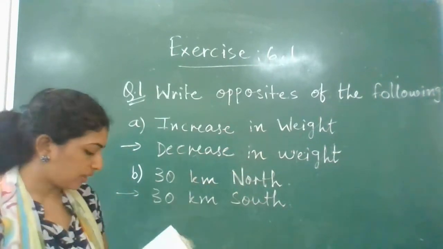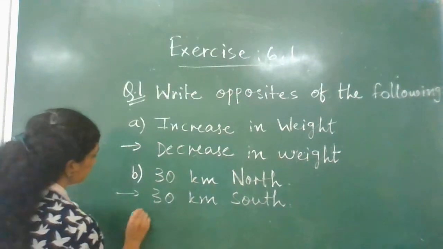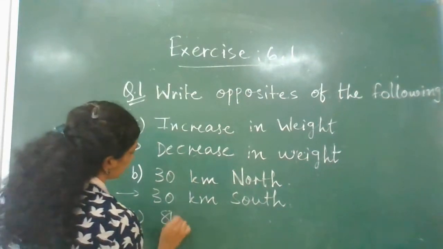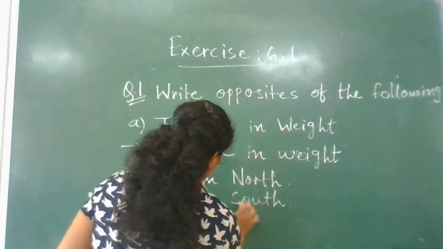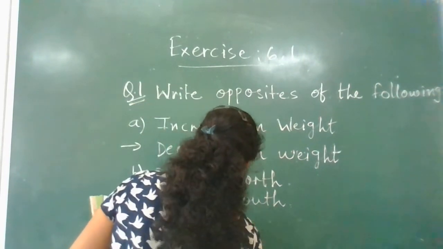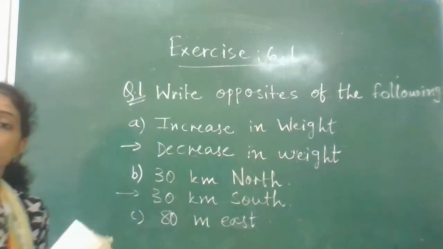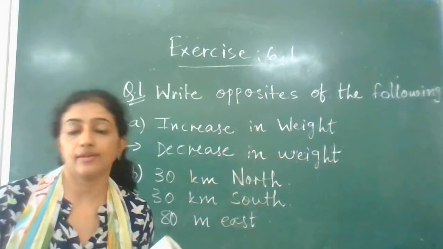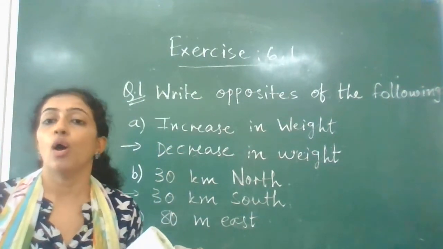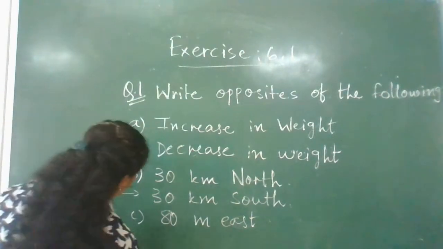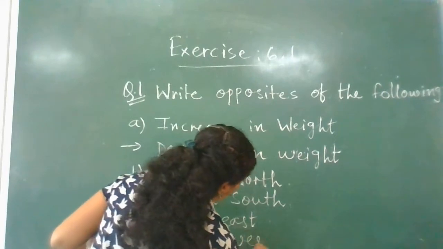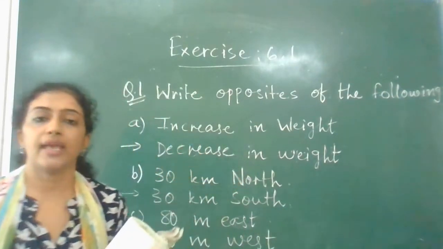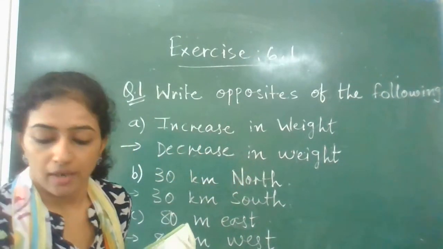Okay, now the next one, C. 80 meter east. West. You write 80 meter west. Okay, 80 meter west.